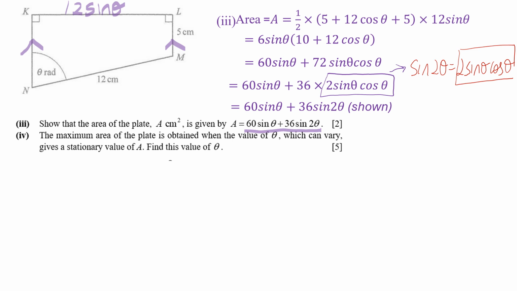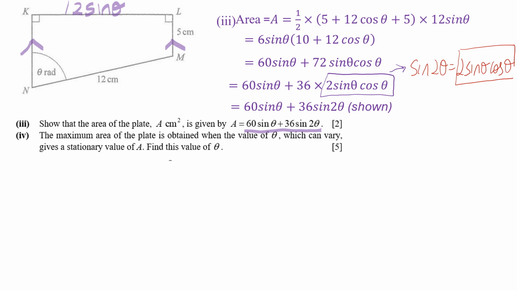Why is it that they want us to write it in this form? Why can't we just leave it as 60 sine theta plus 72 sine theta cos theta? Why go the extra mile? Because in part 4 we need to find dA over d theta.